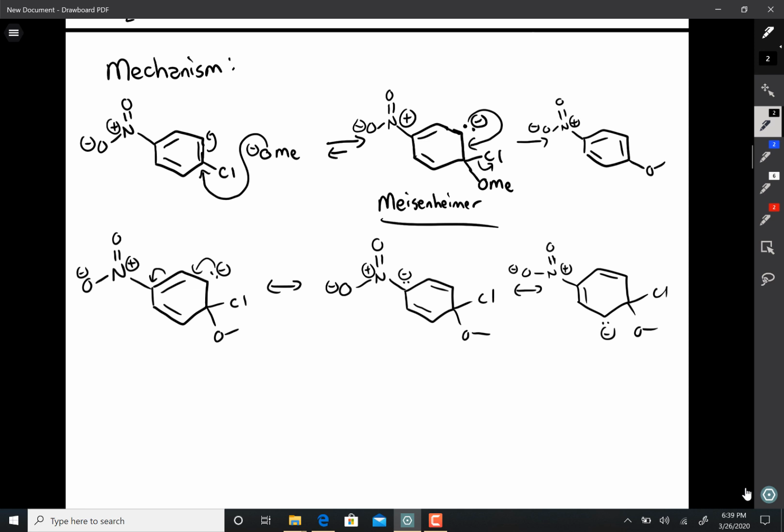Now, you normally have 3 resonance structures, very similar to electrophilic aromatic substitution.